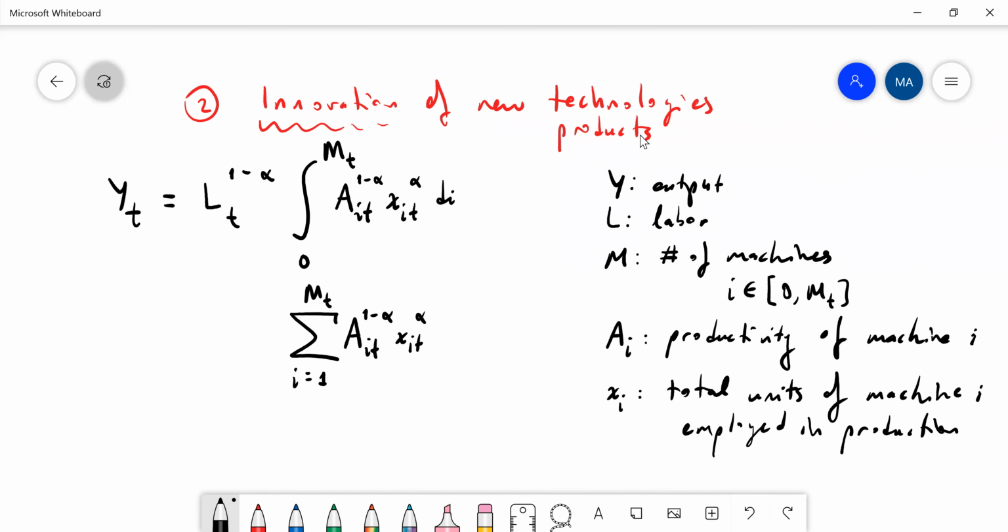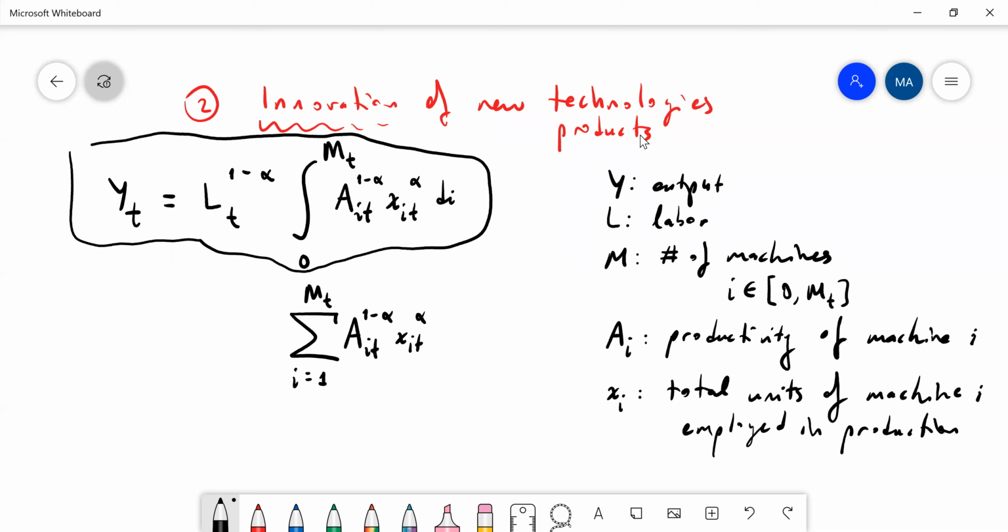So what does this production function tell you? Well, there is labor, as usual. People work, but they work with these machines. How many machines in total do you have? Well, you have M different machines. Each of these machines comes with a physical unit.